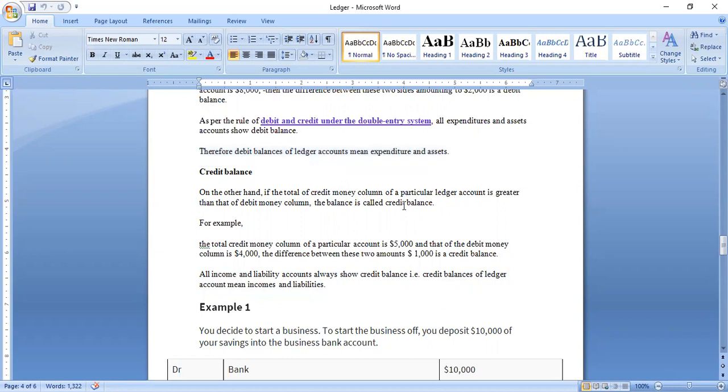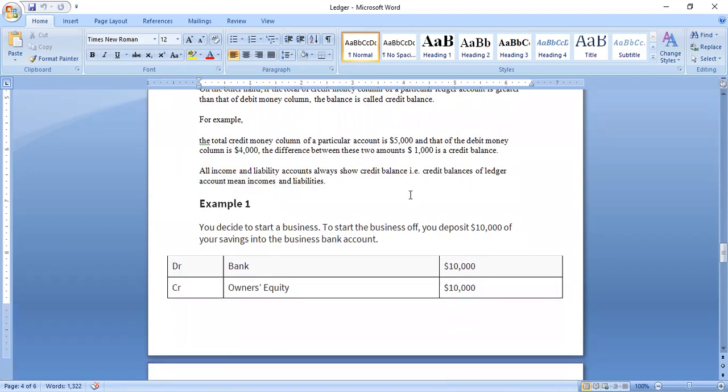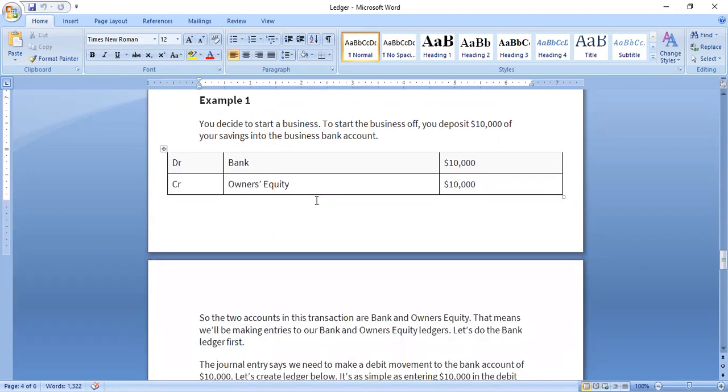So from here we can easily say that all the transactions in the world are classified into only four types of accounts: one is assets, another one is liabilities, one is income, another one is expenses. Finally, this is how to prepare the ledger account. We are getting the knowledge from this example 1.